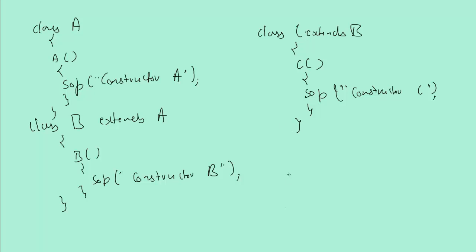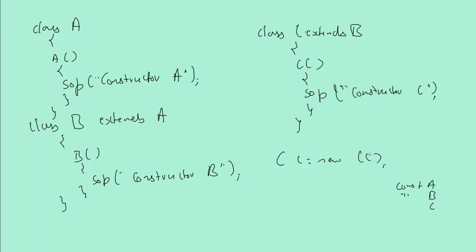So now there are three classes in a hierarchy. Class B is the subclass of A, class C is the subclass of B. Now when I try to create C is equal to new C, what would be the output of this program? It will print something like this: constructor A, constructor B, and then constructor C.